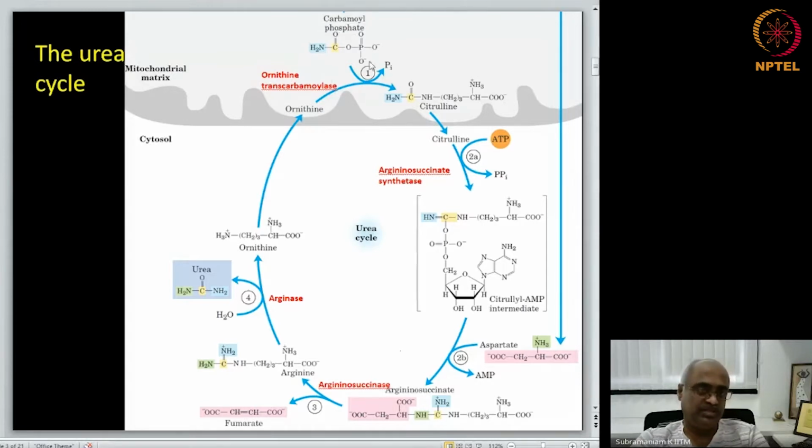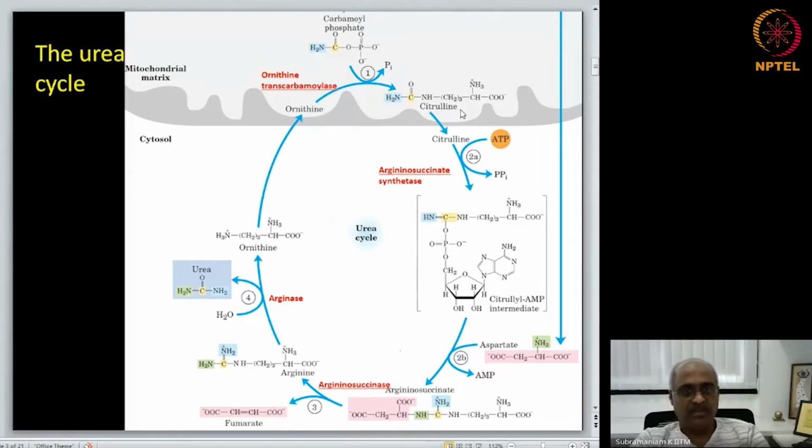This molecule combines with ornithine, which we will see as we come through the cycle. This is equivalent to the oxaloacetate in the TCA cycle, the first molecule with which the entry point joins. And that produces a molecule called citrulline.